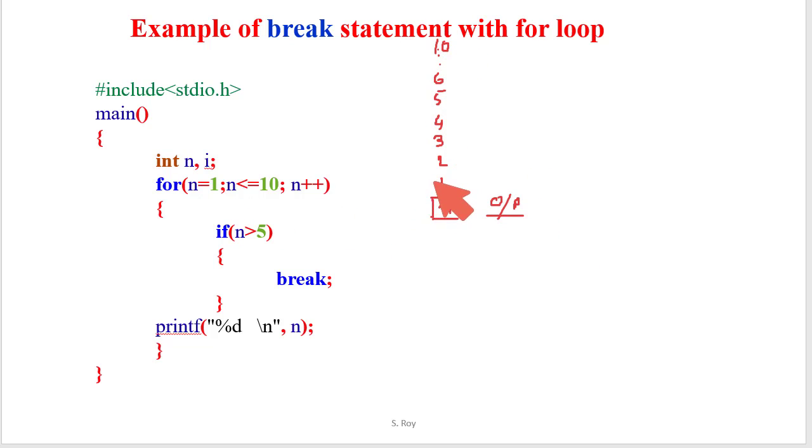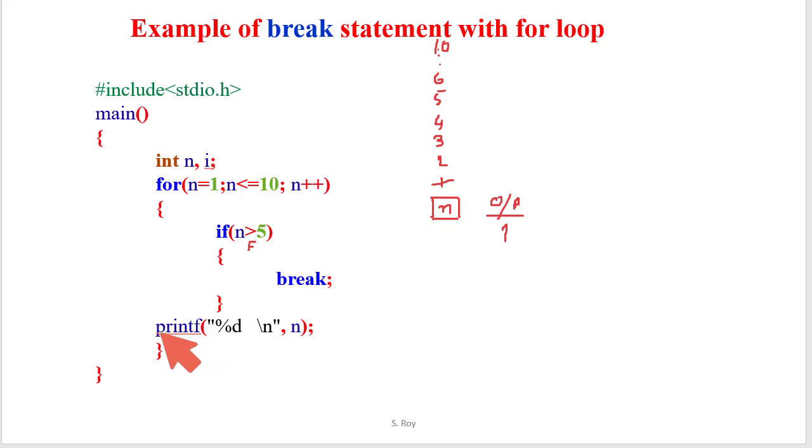When n is equal to 1, the loop condition is satisfied and execution enters the for loop. The condition inside the if statement gives false, so it will not enter the if block and will not execute the break statement. So we get 1 at the output.